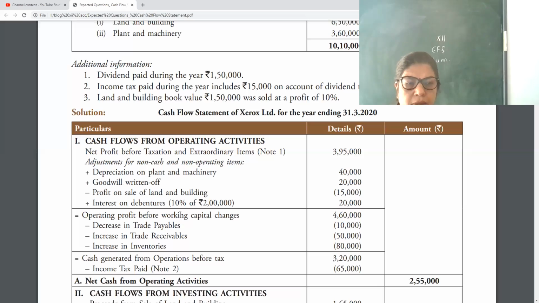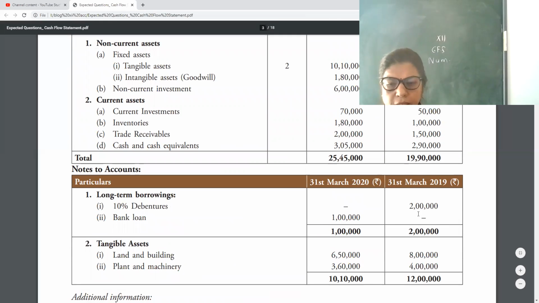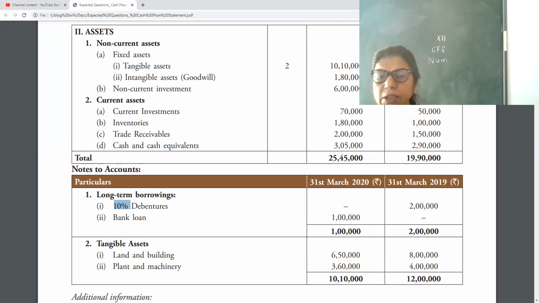Then how to calculate interest on debentures? See, very easy. Value of debentures is 2 lakh and the rate of interest is given with debenture as prefix. Yes, this is the rate of interest. When I explained the chapter debentures, at that time also I told you this is the name of debenture.